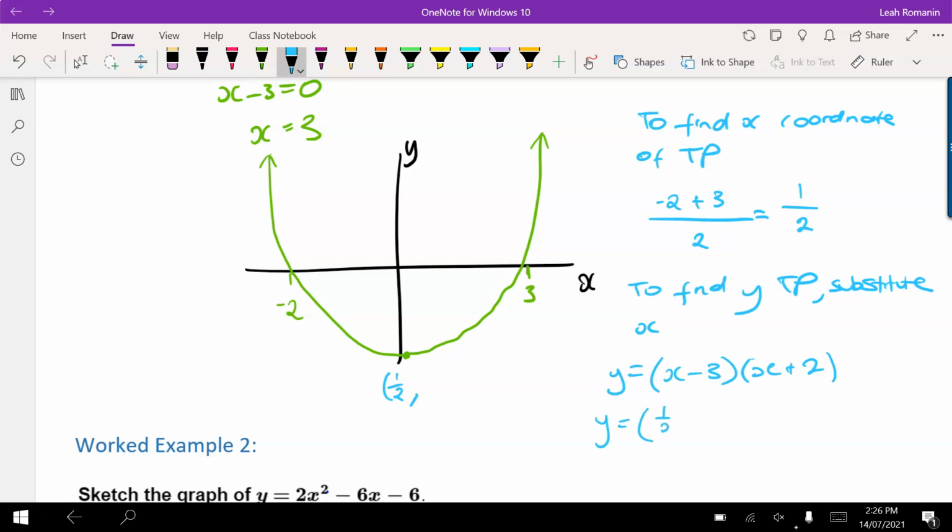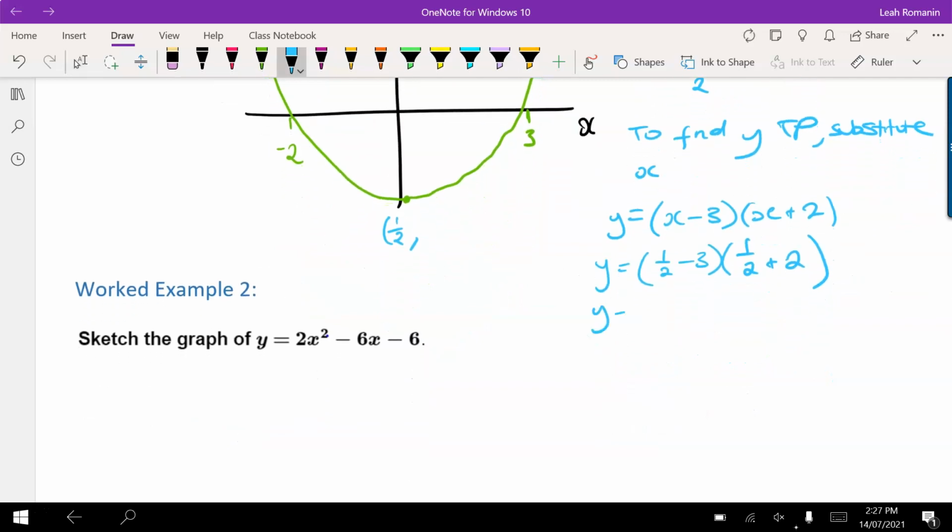I'm going to substitute a half where x is, and solve. So a half minus 3 is negative 2.5, and a half plus 2 is 2.5.